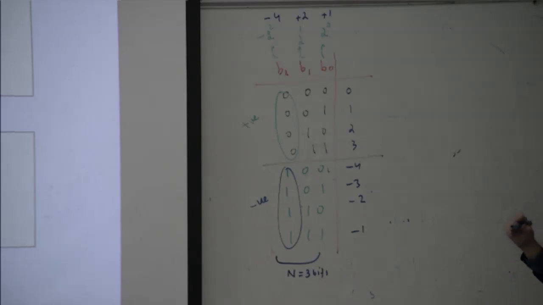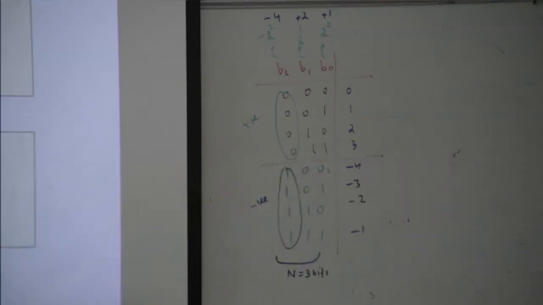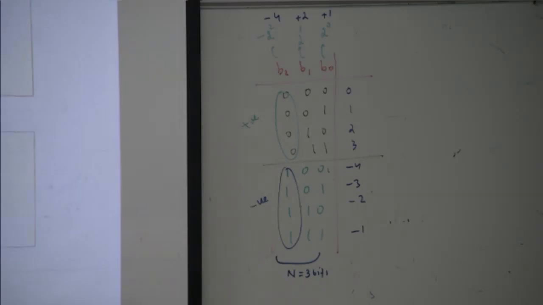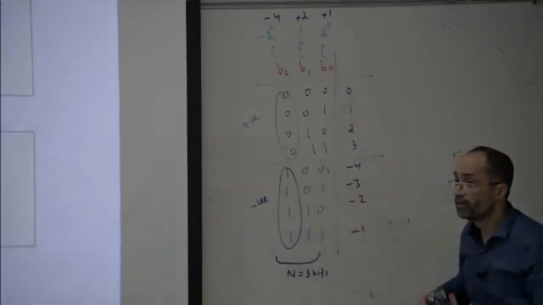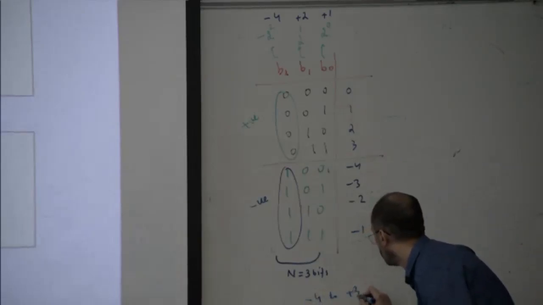Now the range of the data for a 3-bit number, can you please look at the recording? Oh, it's going on, okay, good. The range of this number is from -4 to +3.